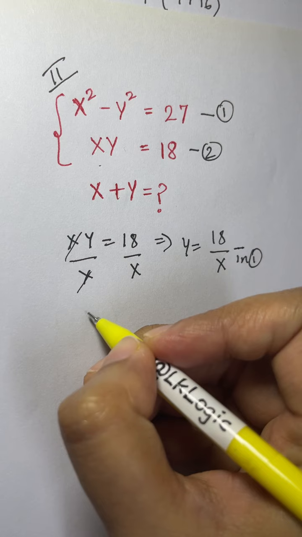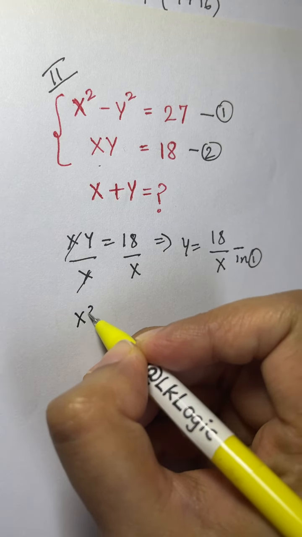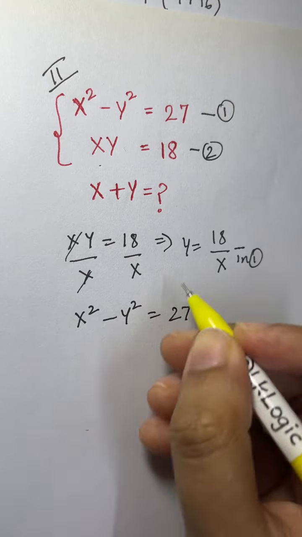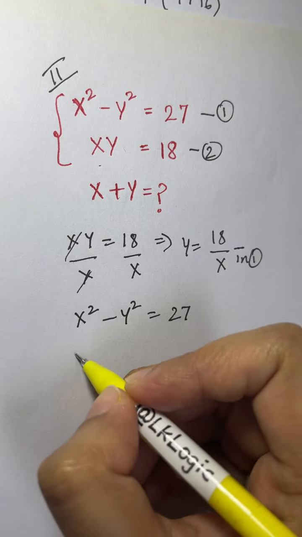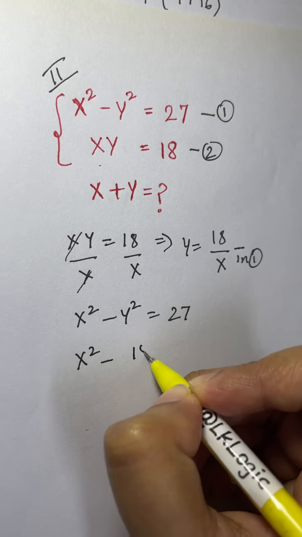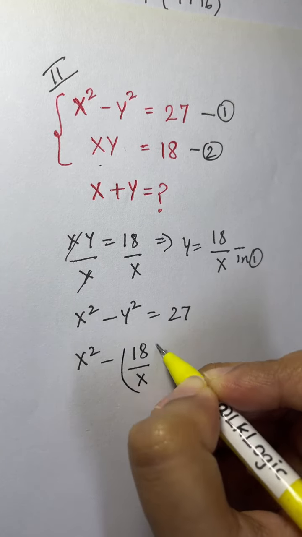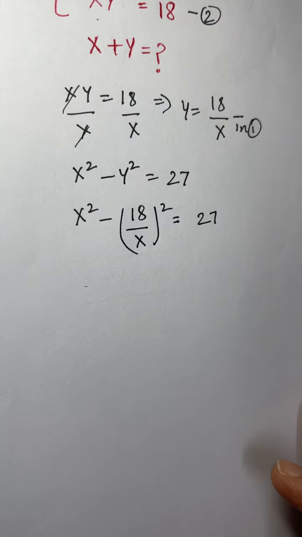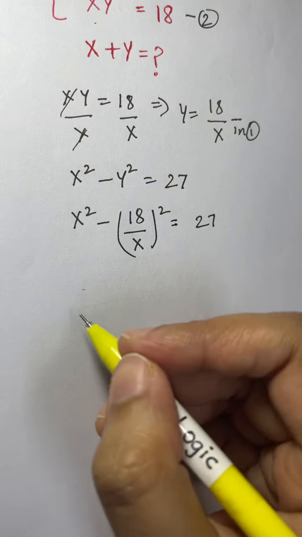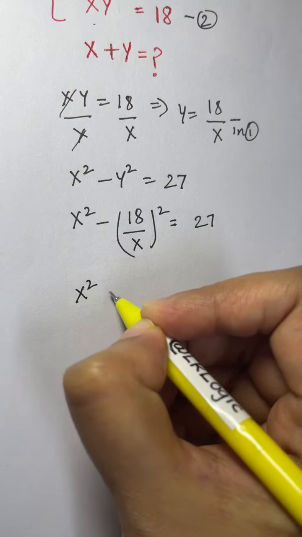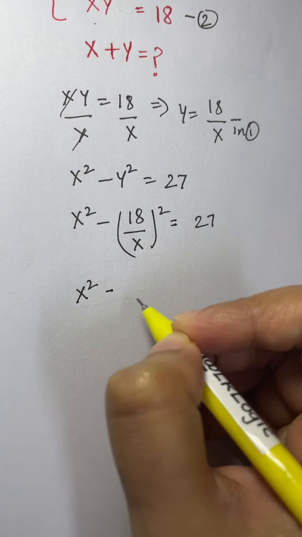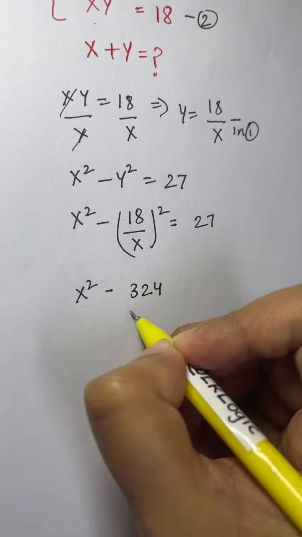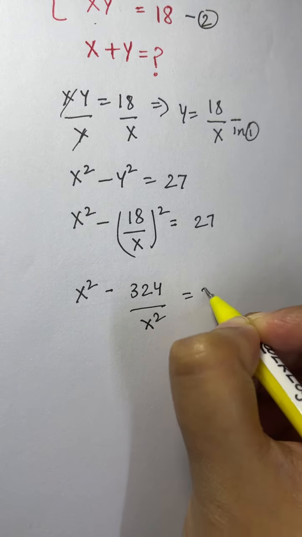So let's write down what our equation 1 is. x squared minus y squared is equal to 27. So what is our y? 18 over x. Let me write it down. x squared minus 18 over x, the whole square, is equal to 27. After this, we have x squared minus 18 squared, which is 324, over x squared, is equal to 27.